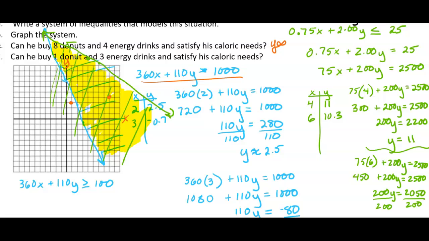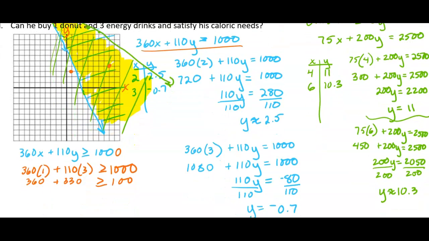Okay, what does that mean? 1 donut and 3 energy drinks, is that greater than or equal to, oops, I forgot a 0 there, 1,000? It'd be 360 plus 330, oh, so close, but not enough, well, I guess not that close, 690.